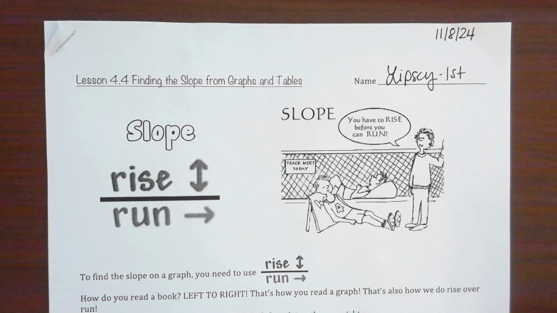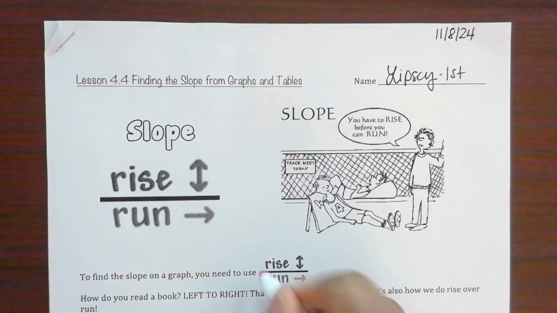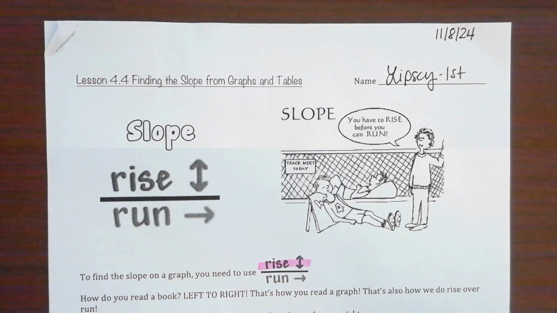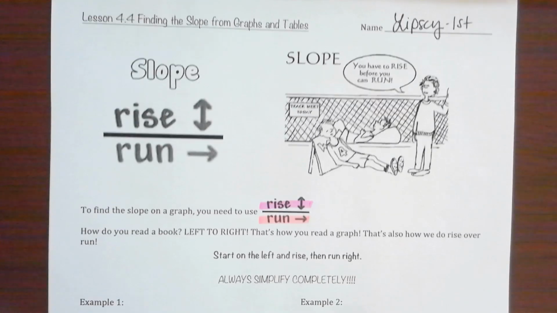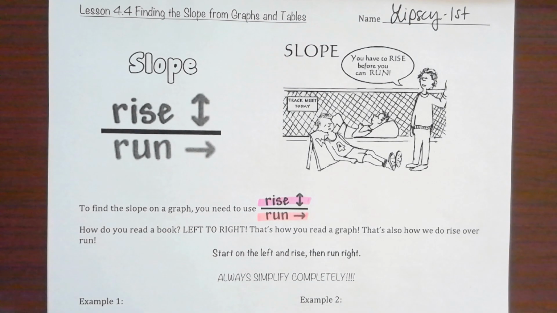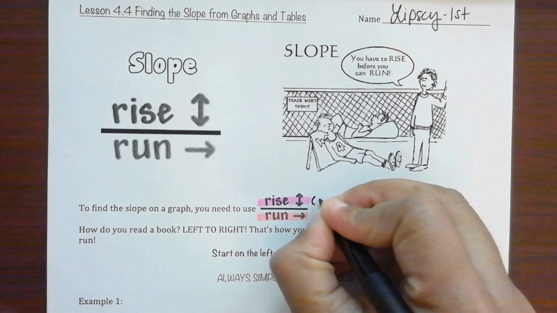So to find the slope, you need to use rise, which means is it going up or is it going down? And then we should typically always go to the right, unless we're working in inverses. So we need to see how far we're going up or going down, and then how far we're going to the left or to the right, depending on that.